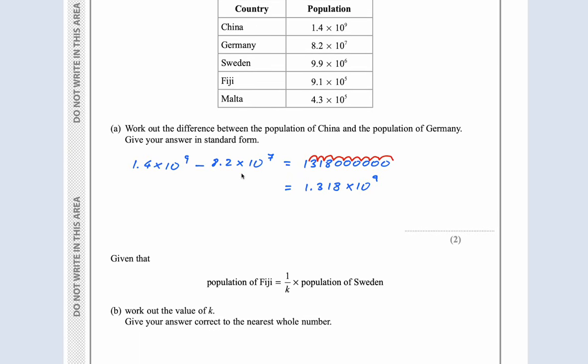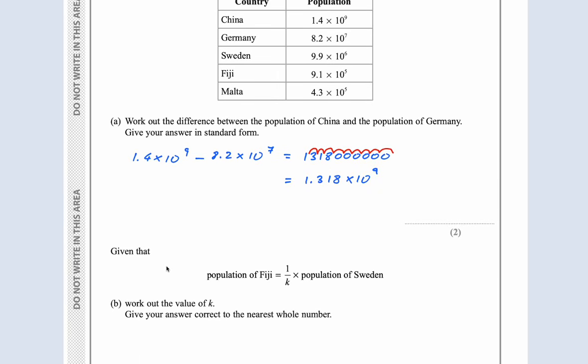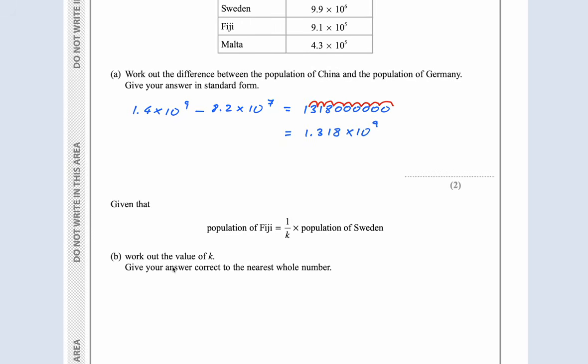Okay, it then says, given that the population of Fiji is 1/8 the population of Sweden, work out the value of k. Give your answer correct to the nearest whole number. Okay, so Sweden is 9.9 times 10 to the power of 6.